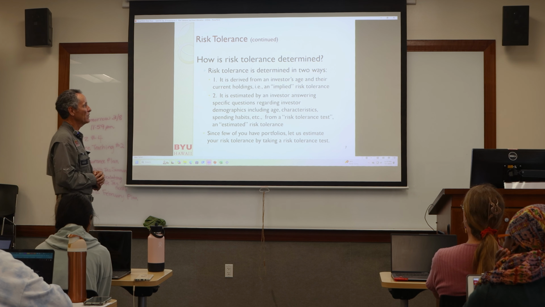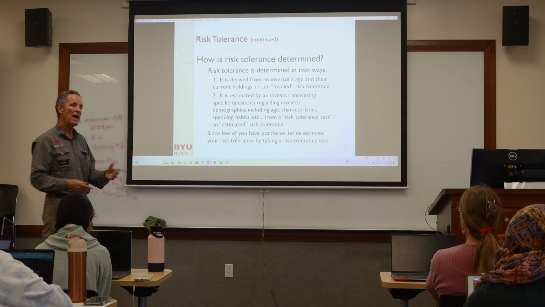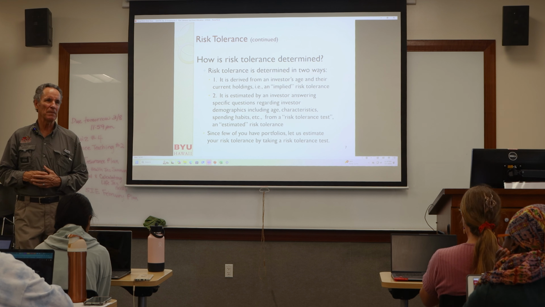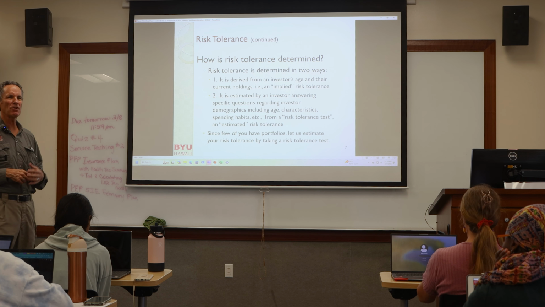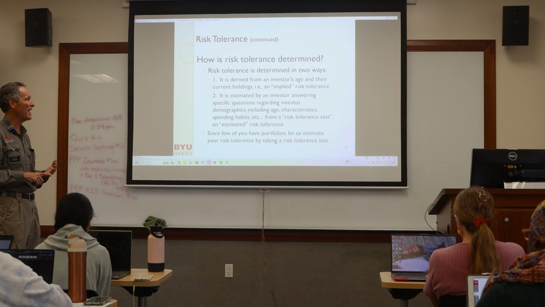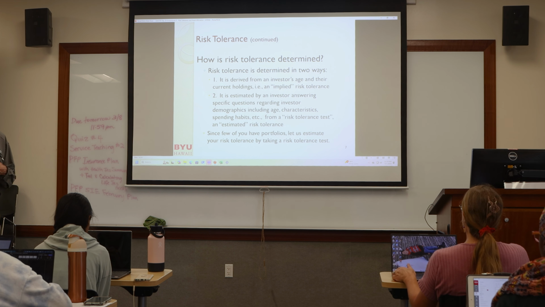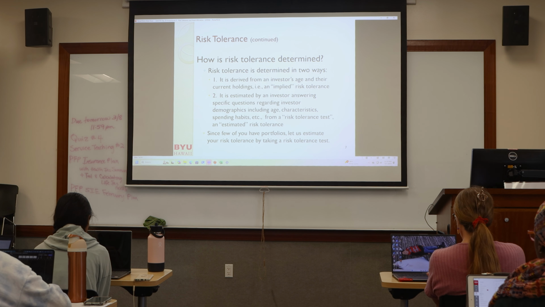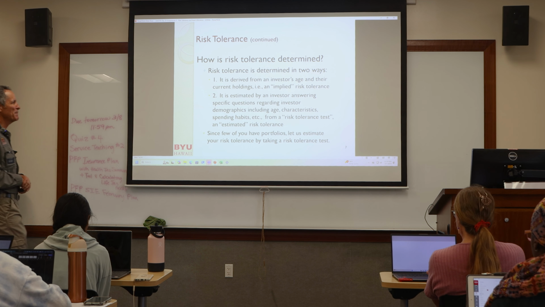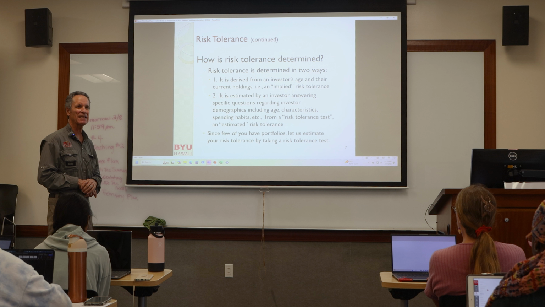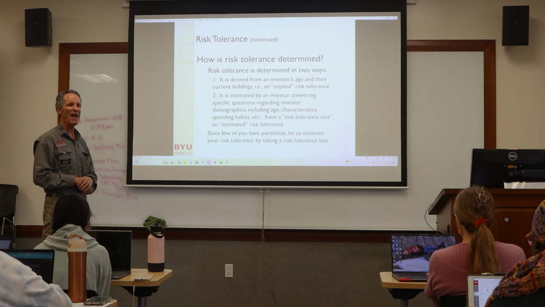Or you can estimate it by having potential investors take a risk tolerance test. We'll ask you questions about age, spending habits, and other things too. From that, we can come up with an estimated risk tolerance, and then we can use that to determine our asset allocation.